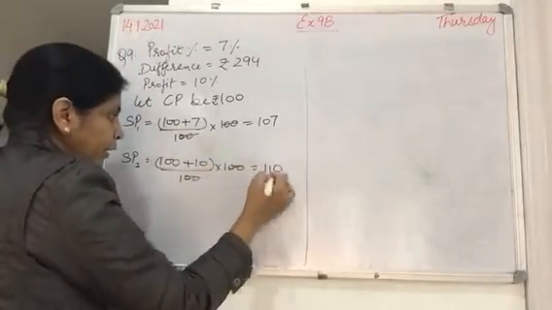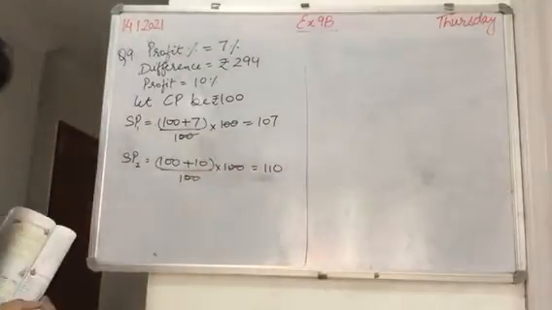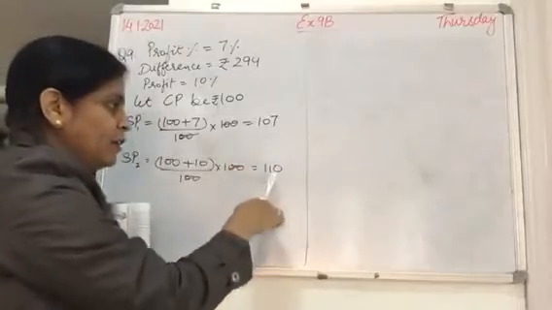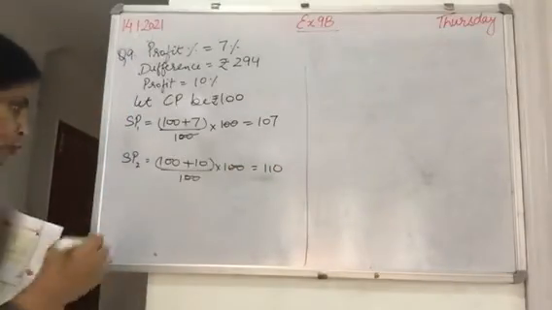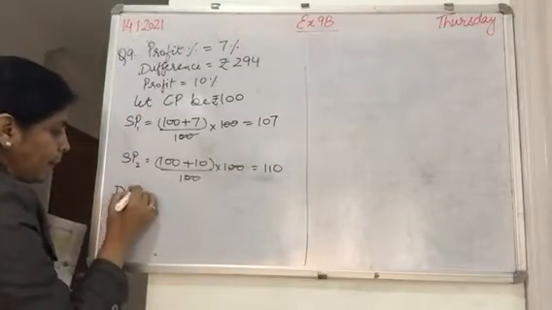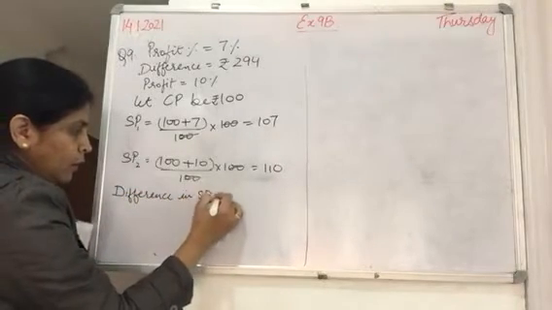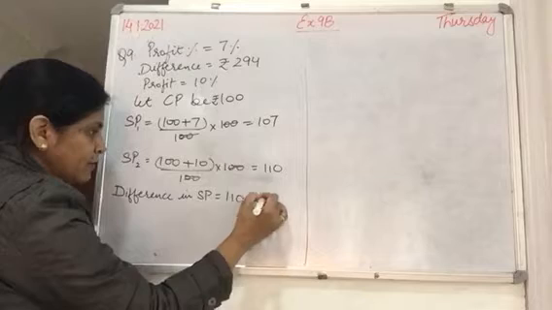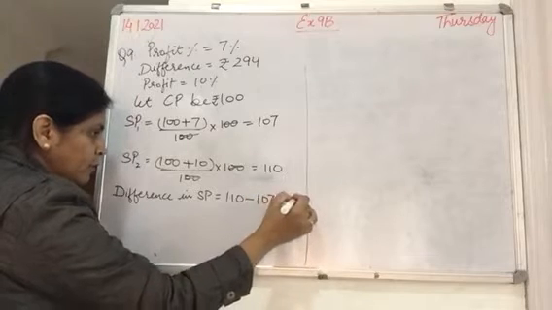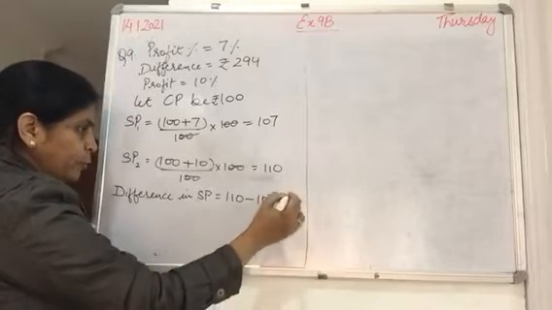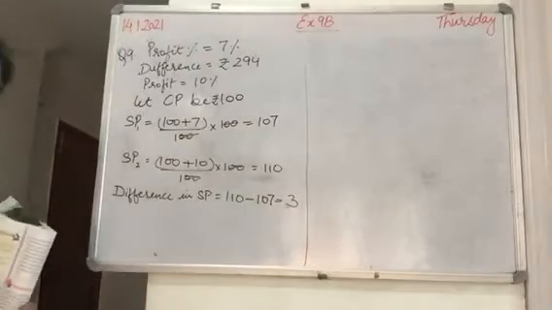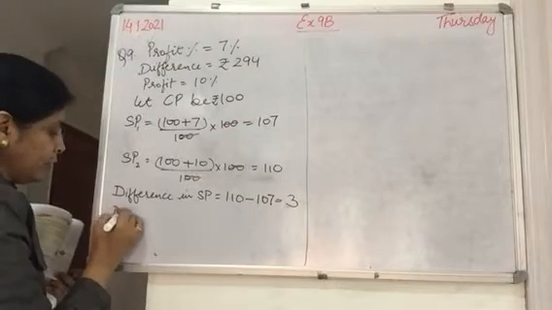So 110. Earlier the selling price was 107, now it is 110. So difference in SP, how much? 110 minus 107, that is 3 rupees.